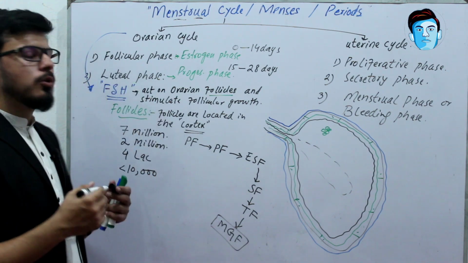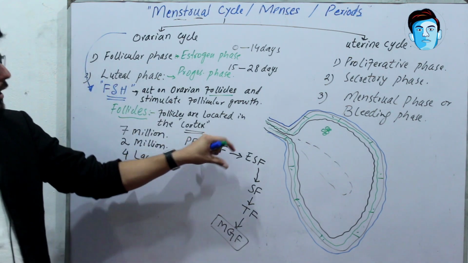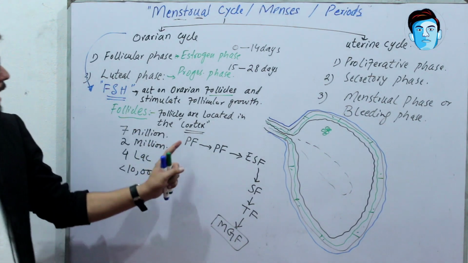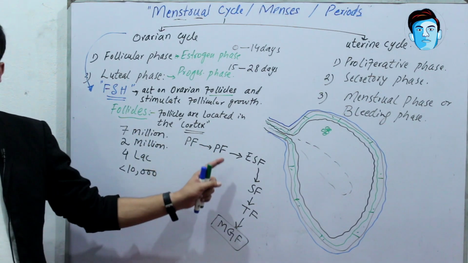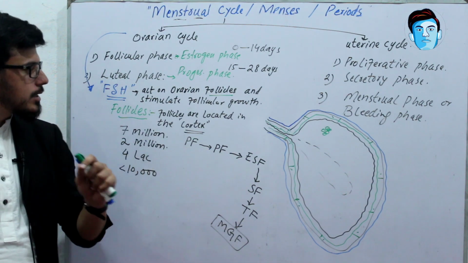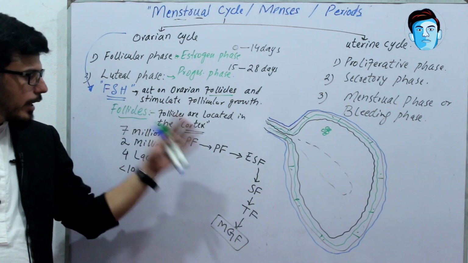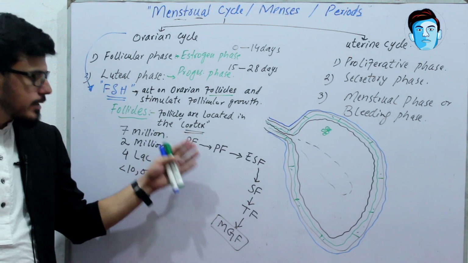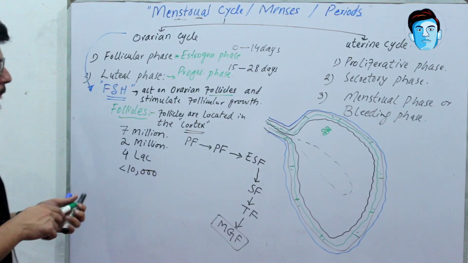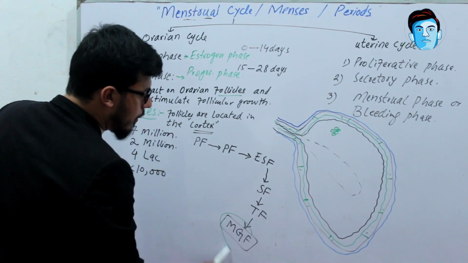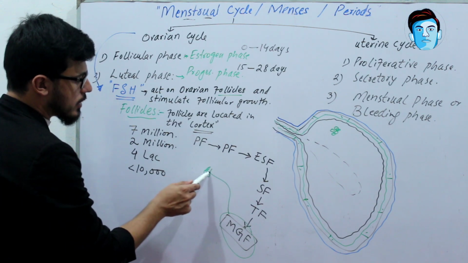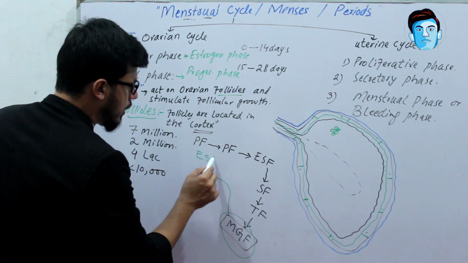I'm not going to concern myself with how it actually changes from one state to another, but here you just remember this sequence. Now the point is that these mature Graafian follicles help in the production of estrogen.